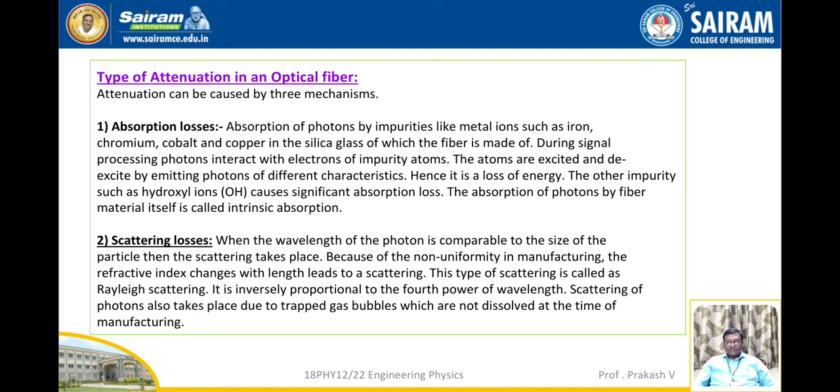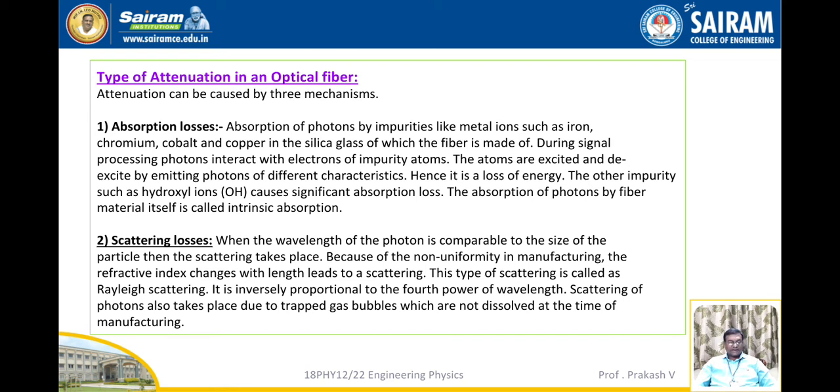The atoms which are excited de-excite by emitting photons of different characteristics, hence it is a loss of energy. Other impurities such as hydroxyl ions cause significant absorption loss. The absorption of photons by the fiber material itself is considered intrinsic absorption.